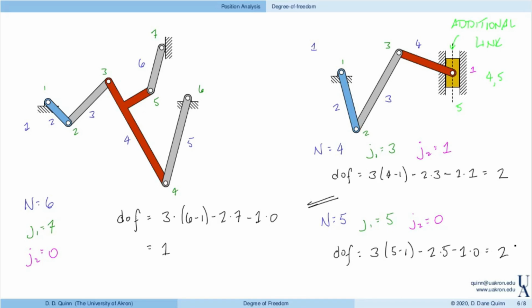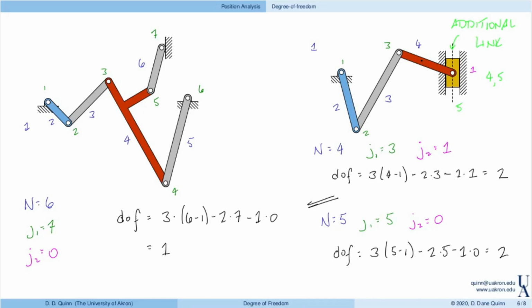And I really should. The degree of freedom of a system is a property of the system. It should not depend on how I choose to count things. It should just be something that's fundamental to the design of that linkage. So again, if you want to break this slider up into an additional link with an additional sliding constraint, then you end up with 2 extra 1 degree of freedom constraints together with an extra link, but the degree of freedom of the system is the same.